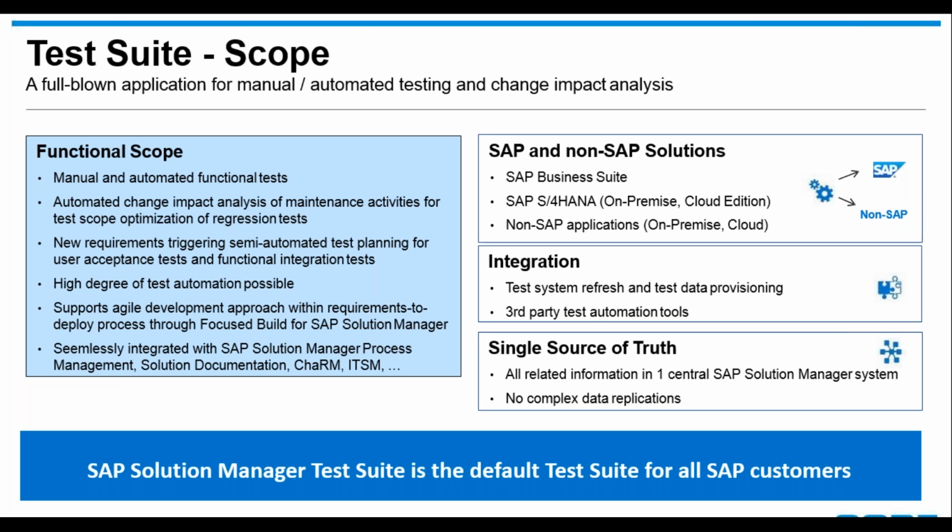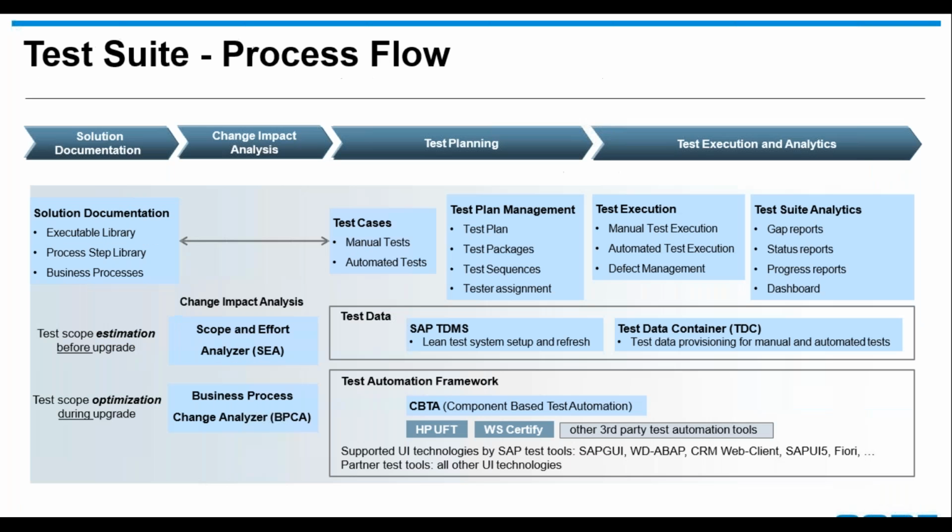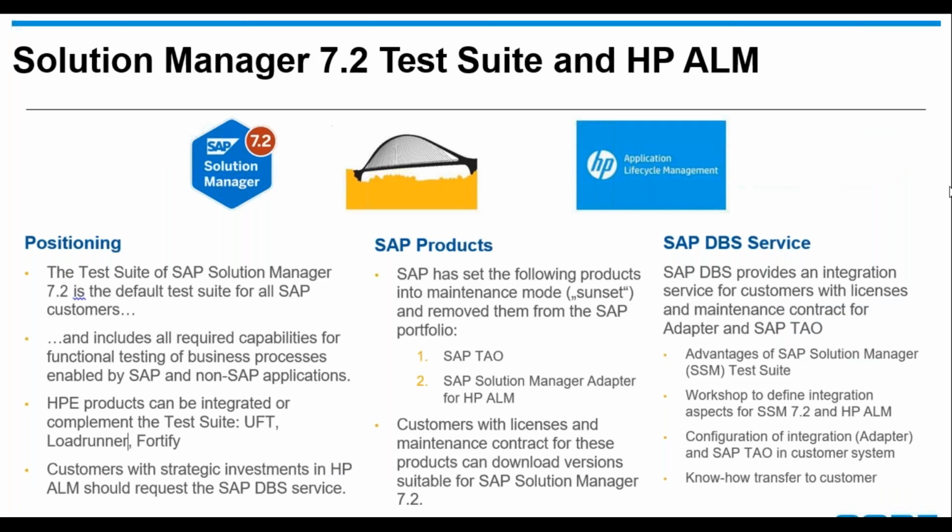Defects are managed so that they're either corrected or decided that they can be handled after implementation. And there's a lot of integration within Test Suite also. I'll go to that part now.